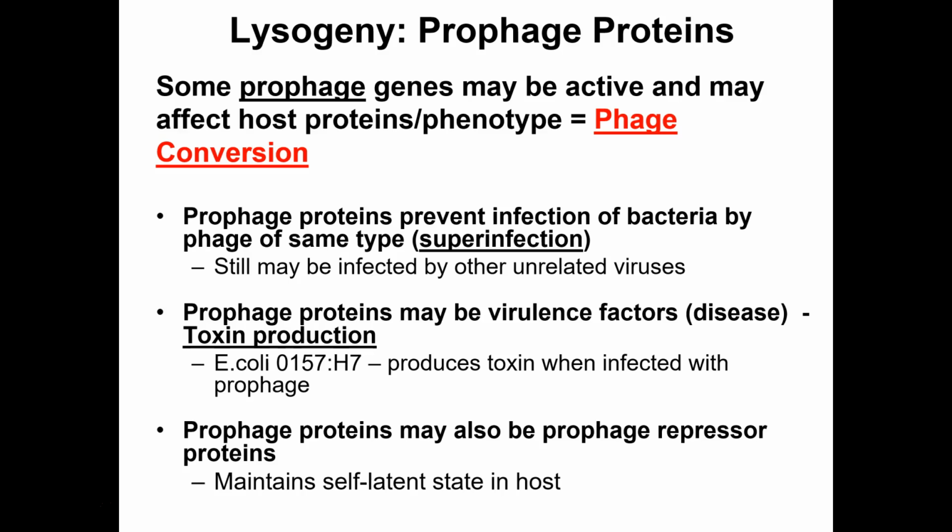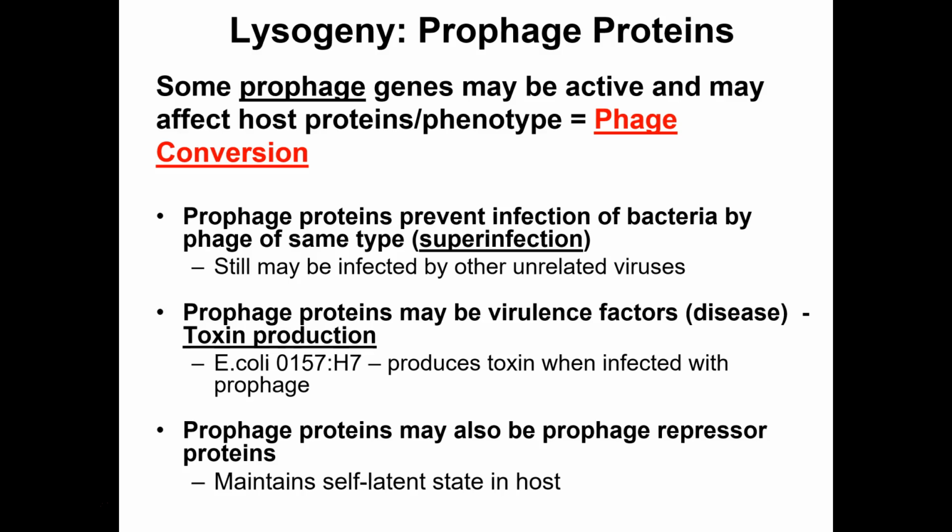Okay, so this is where we left off. When a lysogenic phage becomes a prophage, it must maintain its latent state. What that entails is repressing its genes. Prophages have genes, right? This is viral DNA.